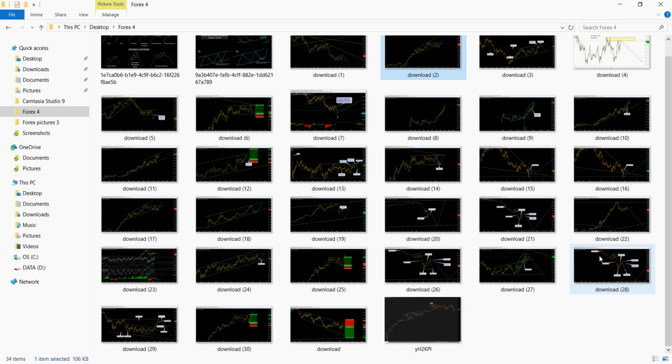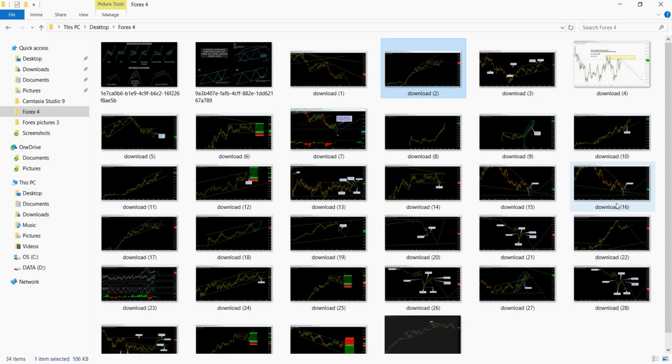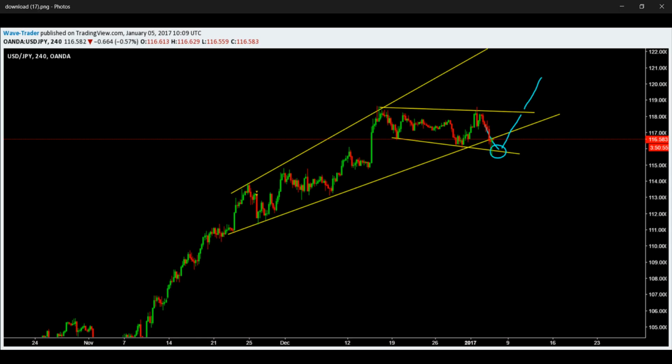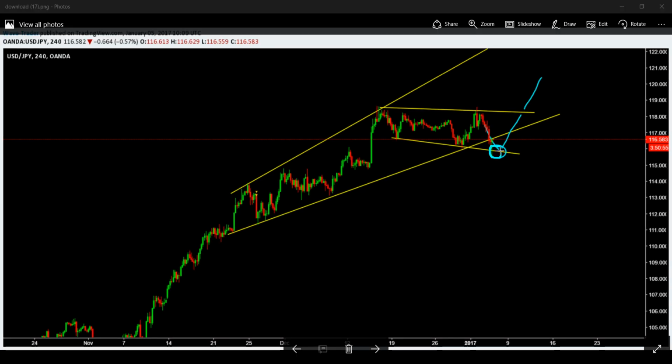Okay, so once price hit the expanding bottom trend line, we were looking to buy to the upside on this pair. Yeah, here at this point.